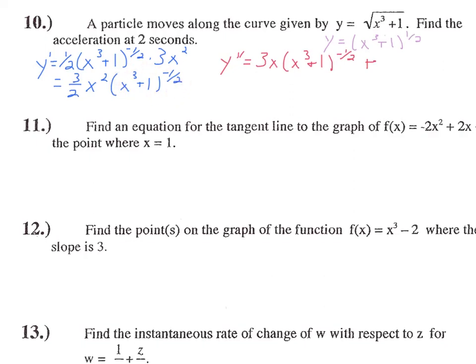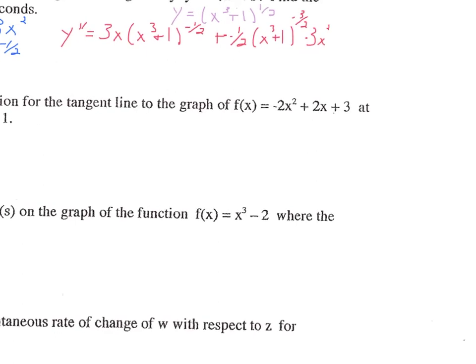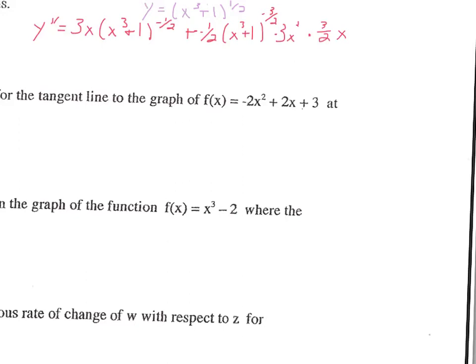So I'll get a negative 1/2 x cubed plus 1 to the negative 3/2, but I still need to multiply that by the derivative of the inside, which is 3x squared. And I still need to multiply that by the first function, which was 3/2 x squared.